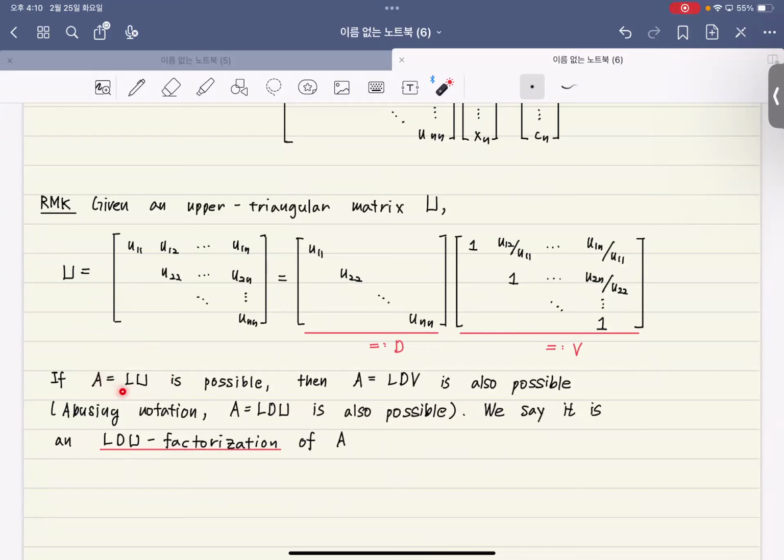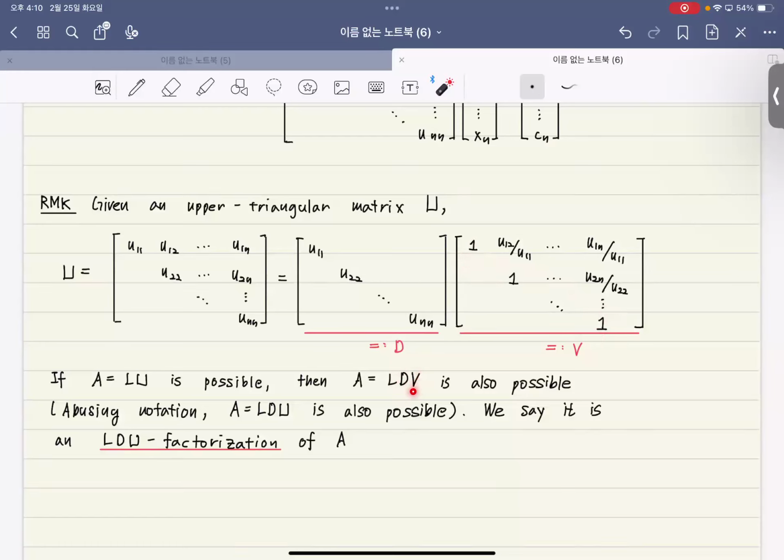Then A can be written as L times U. But if I apply this factorization to this upper triangular matrix, then I can say A is the product of L times D times V. So in other words, A can be written as a product of a lower triangular matrix times a diagonal matrix times an upper triangular matrix. And this lower triangular matrix has diagonal entries that are all ones. And this upper triangular matrix has diagonal entries that are all ones.